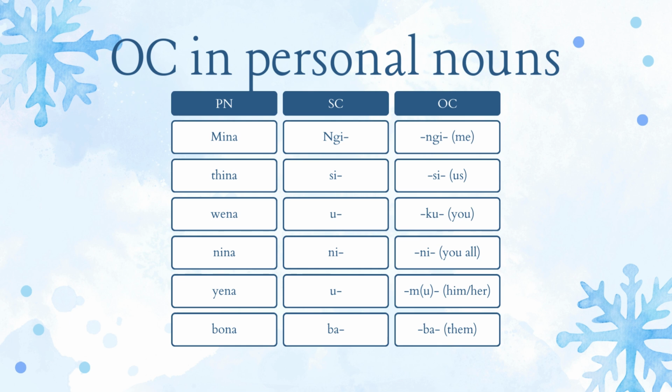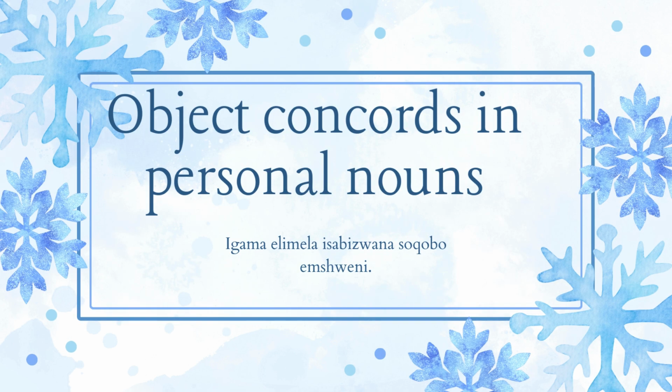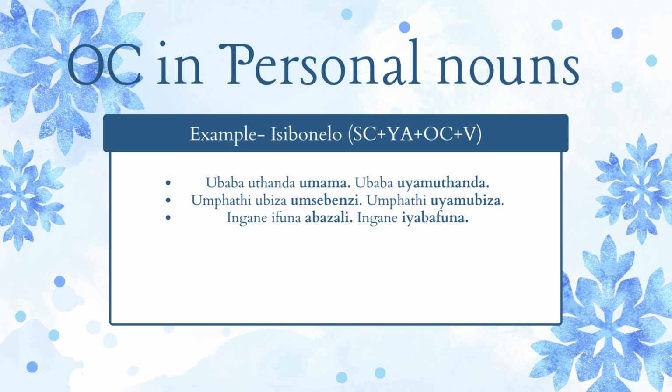Okay, but now I want to make mina as an object. So then I will say umama ubiza mina. Mom is calling me. But I don't want to put it like that. I don't want to put mina there. So what I would do is I would say umama uyangibiza. Let's go back to the formula, just like how we did in the previous slides. Then I will carry on with the other examples.